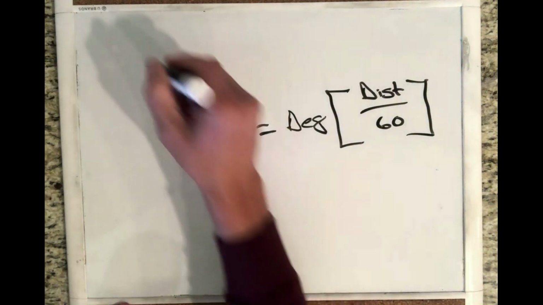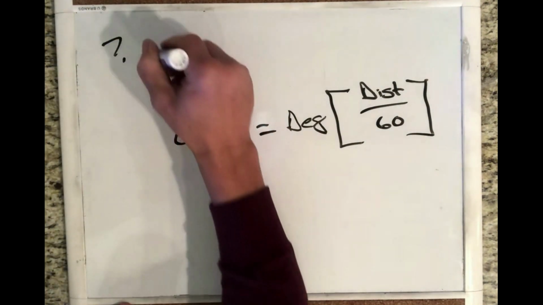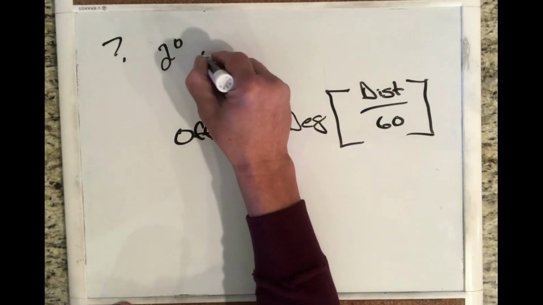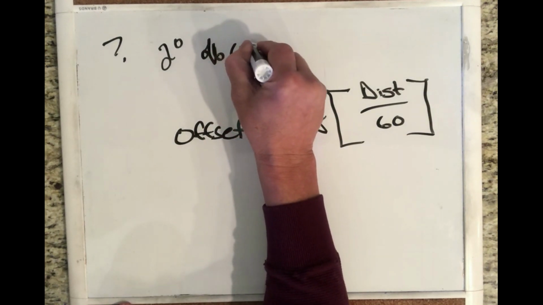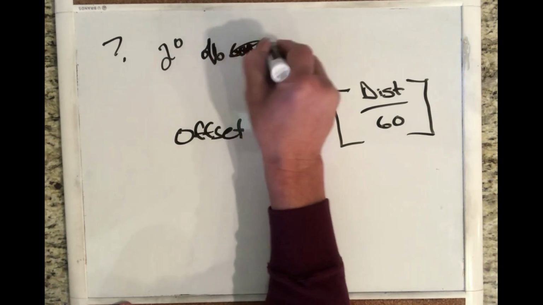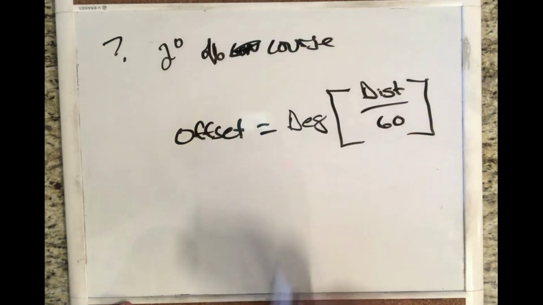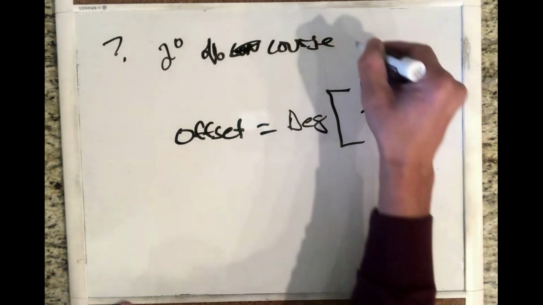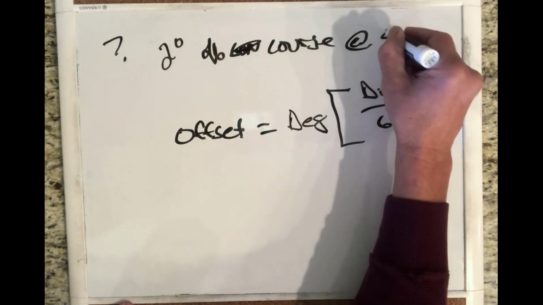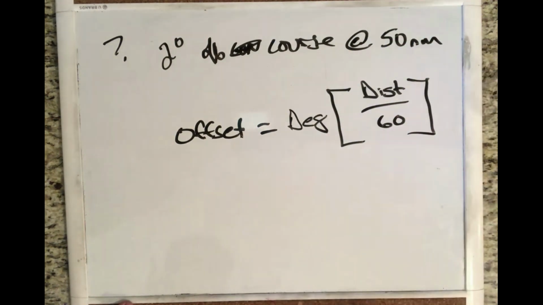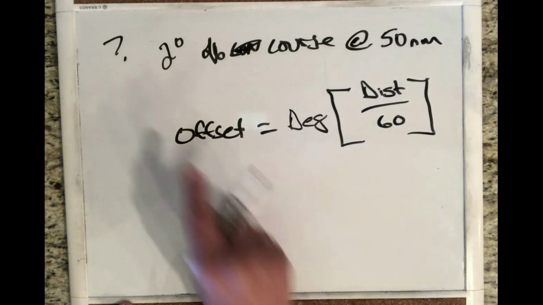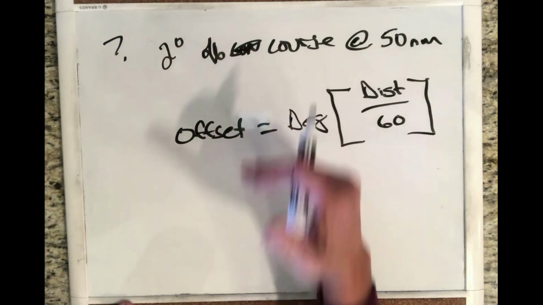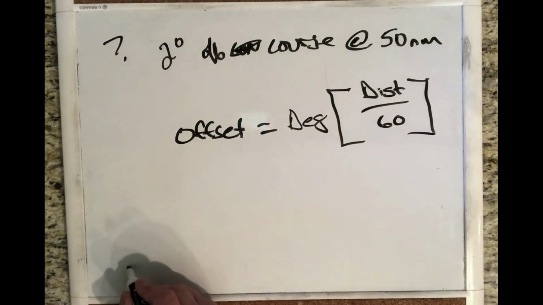Okay. So the question is, we are 2 degrees off of course, and we are at 50 nautical miles. What is our offset? How many nautical miles off that track are we? So pictorially, it would look something like this.